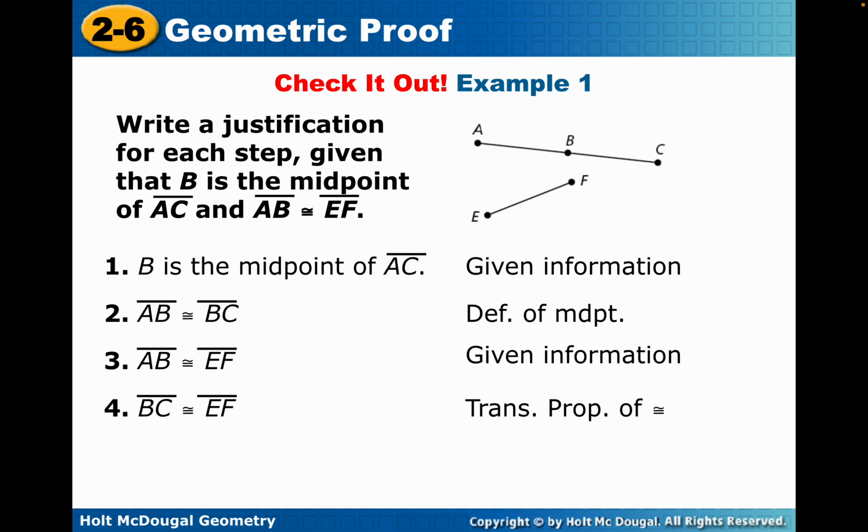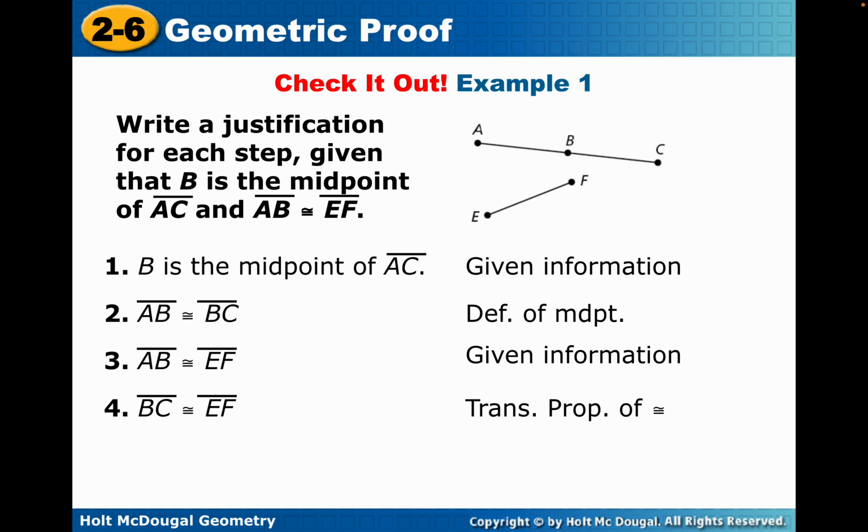Transitive property. Perfect. So this would be an example of transitive property. You're on the right track. I knew what you were talking about. Do we have any questions about this one?